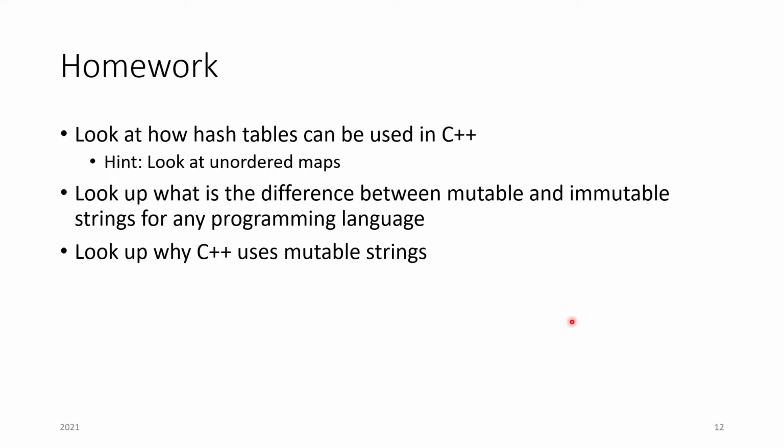In C++, there's no defined class or functionality for hash tables, but there is a workaround known as an unordered map. So you're going to have to do a little bit of research regarding this. And depending on the programming language that you're using, you're going to have to search up if it uses mutable or immutable strings, and see what the differences between the two are.